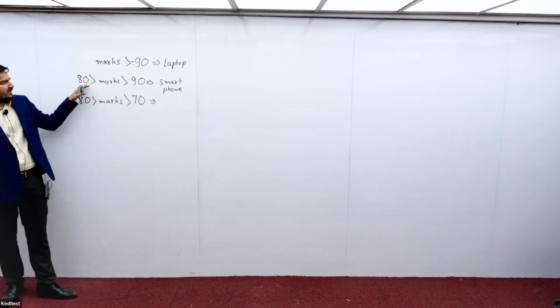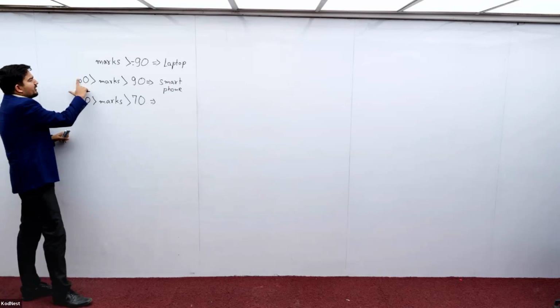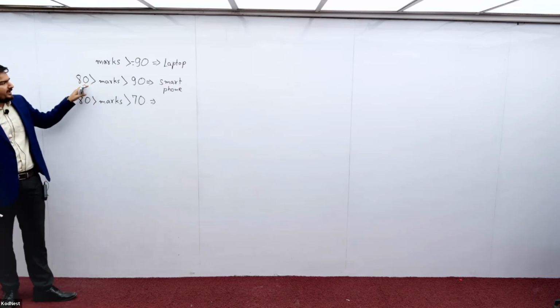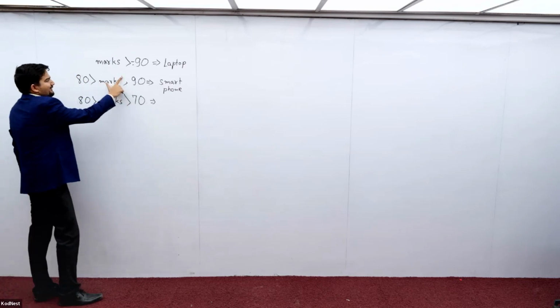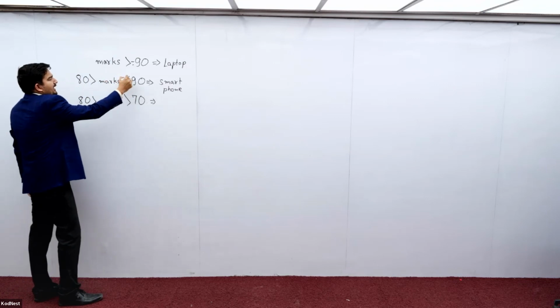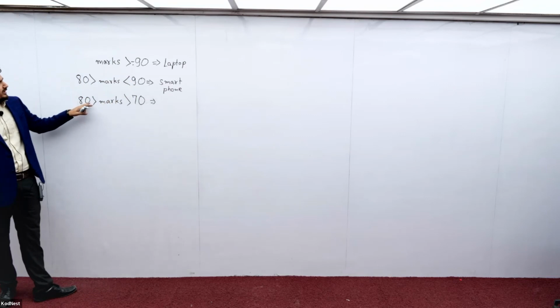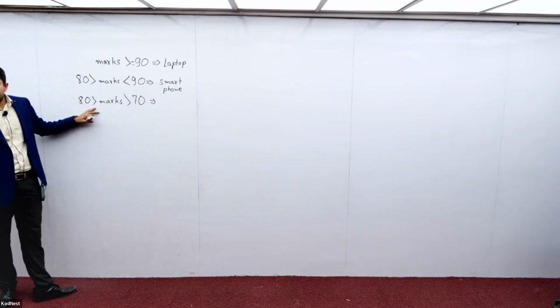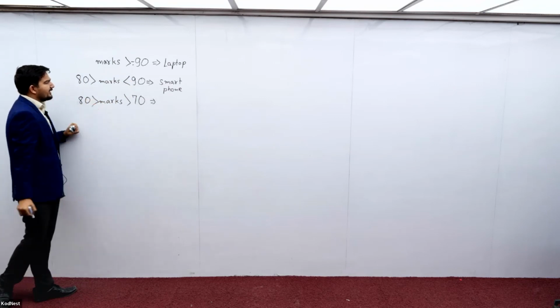Here also, this is okay. Here also, the opposite I will do. This is fine. The marks is greater than 80, but marks is less than 90. Here, marks happens to be greater than 80. Here it will be less than. This is the less than symbol.